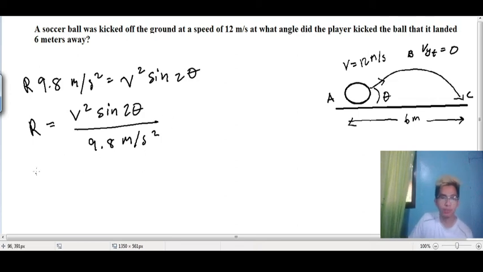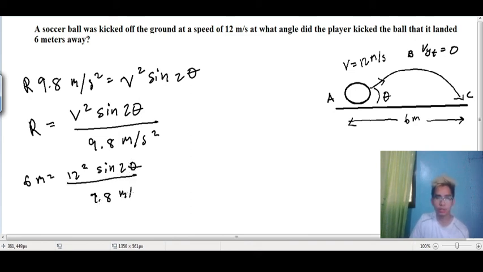So let's find the angle using the given. You have range as a given, so the range is 6 meters away. The velocity is 12, so 6 equals 12 squared sine 2 theta all over 9.8 meters per second squared.